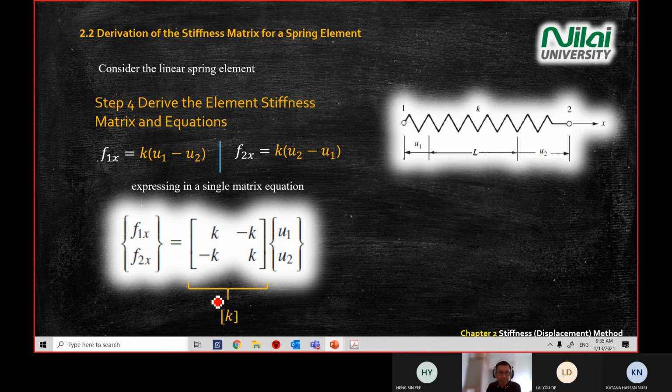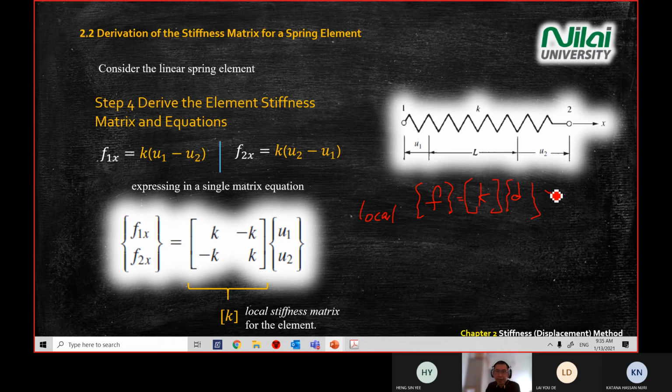So we know that this one, we call it the stiffness matrix K. And we start to look at the word local. Local stiffness matrix, because we are using small alphabet in our formula. And why do we use a small alphabet in our formula?